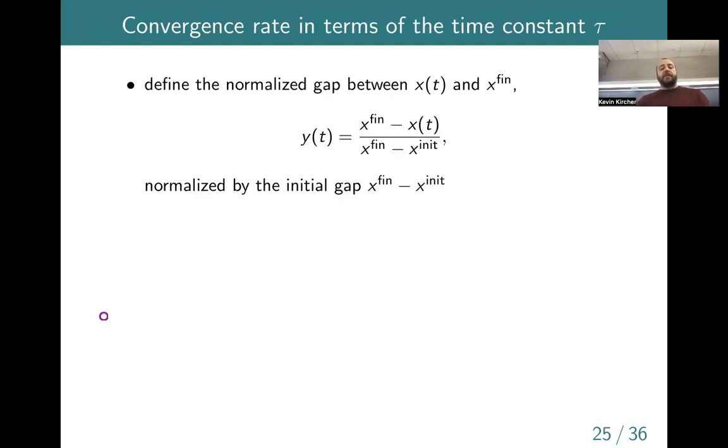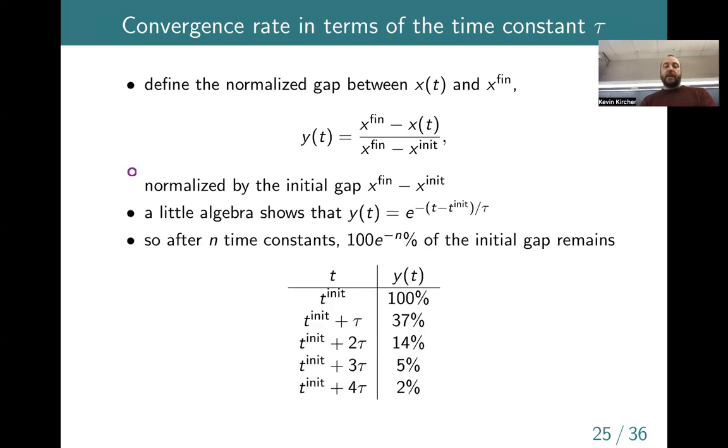Okay, so if we define the gap, the distance that we still have to go to reach that final state, as a variable y, the normalized version of that gap, (x final minus x) divided by (x final minus x initial), then it turns out, with a little bit of algebra, that y of t is equal to just e to the minus (t minus the initial time) divided by tau.